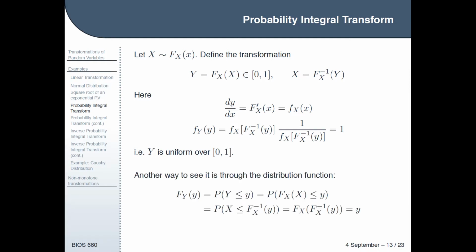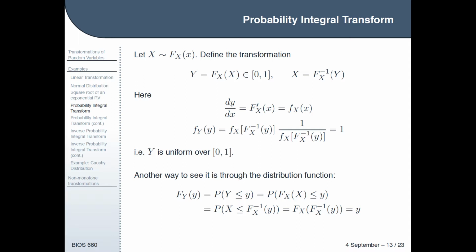And perhaps an easier way to see this is just to look at the original distribution function itself. The distribution function of the derived variable y, by definition, is the probability that big Y is less than or equal to some little y, which is the probability that the CDF of x is less than or equal to little y, which is the probability that x is less than or equal to the inverse of the CDF at y, which is the definition of the CDF of the original x.